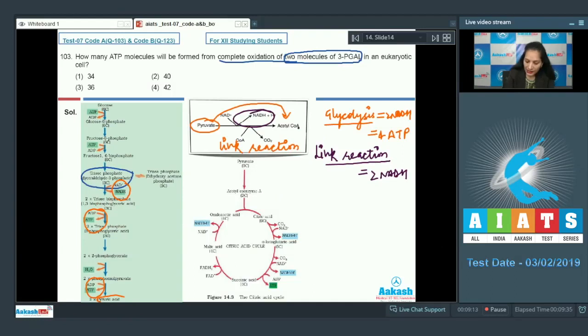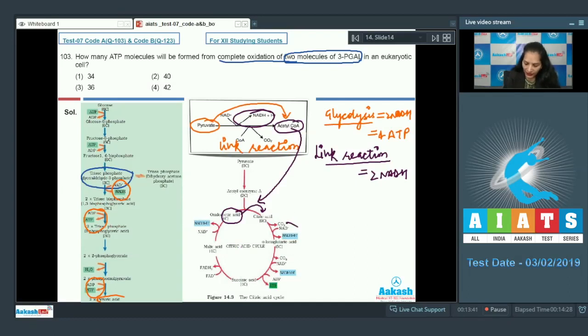Now, after the formation of acetyl coenzyme A, in the Krebs cycle this acetyl coenzyme A combines with oxaloacetic acid to produce citric acid and finally CO2 and H2O. This is the complete oxidation of glucose.